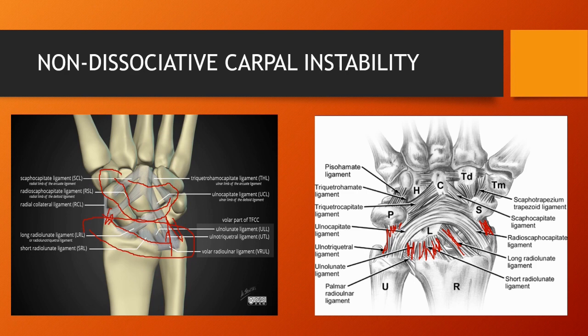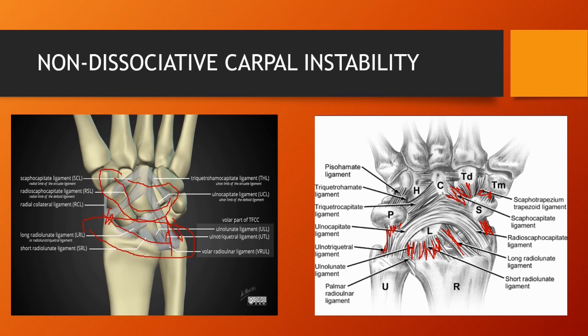And in addition to those ligaments, we have ligaments that span the articulation between the proximal and the distal carpal rows. So for example, here is the scaphocapitate ligament. And here is a scaphotrapezoid ligament. And here is a scaphoid trapezium ligament.